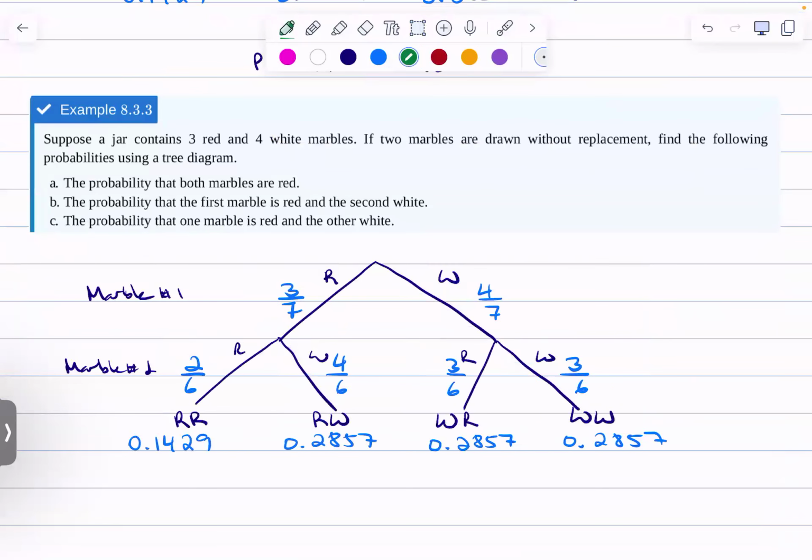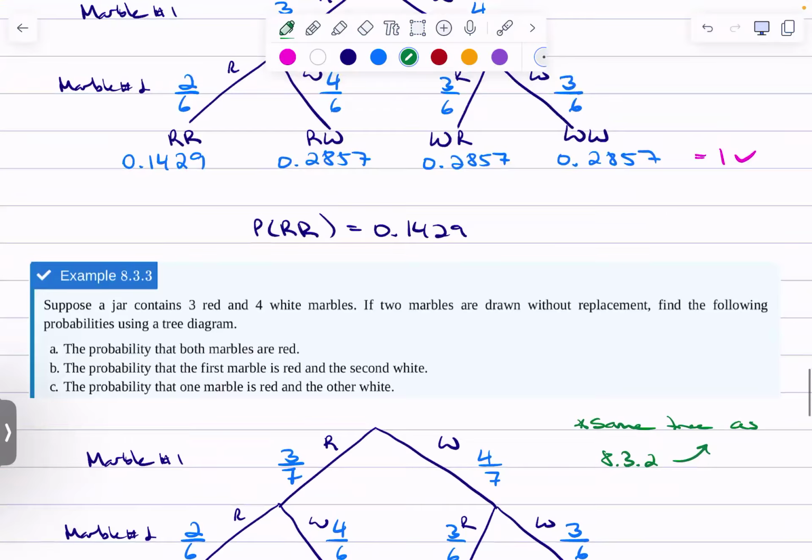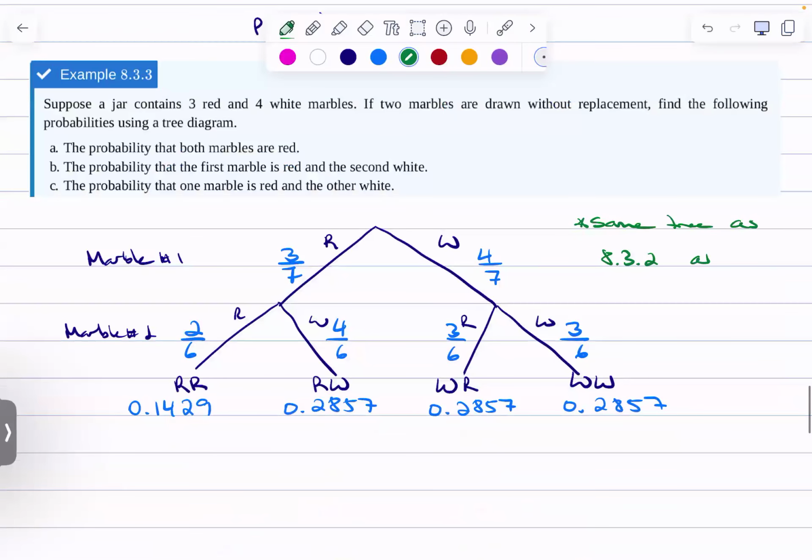And so here I'll say same tree as 8.3.2 above. We already confirmed and found all the probabilities, and so now we can go ahead and use them.